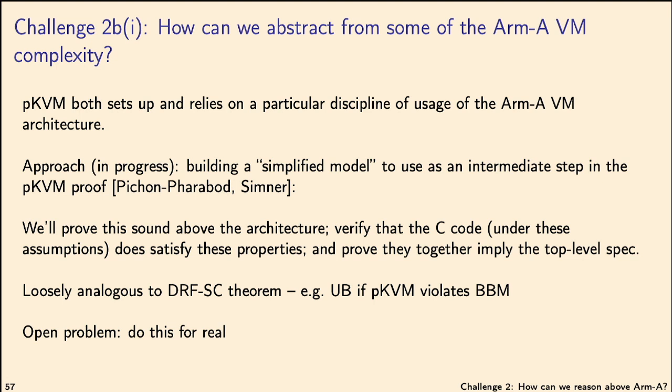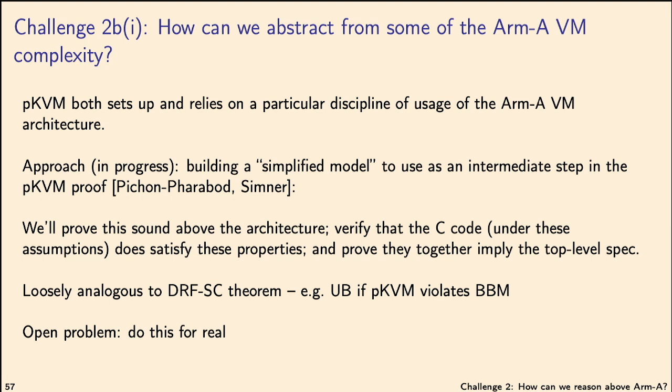So we think we can, and Jean-Pierre Lebrun and Ben have been working away to build what we call a simplified model. We do need a better name for that. A simplified model which is kind of like a data-race-free SC model.